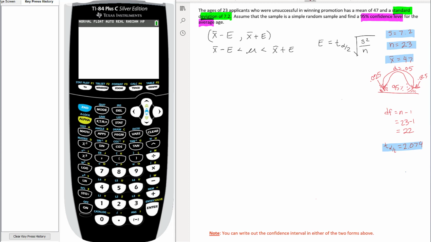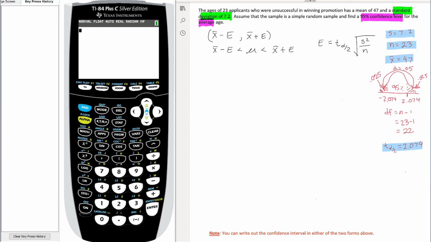By the way, if I go back to this picture that I drew, the value on the right side would be that 2.074, and this would be the negative 2.074. You don't really need the negative in terms of this formula, but it will be useful if you draw this picture along with these values, the negative and the positive, so that when you get to chapter 8, we just build on this part.